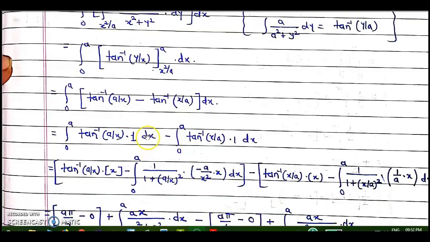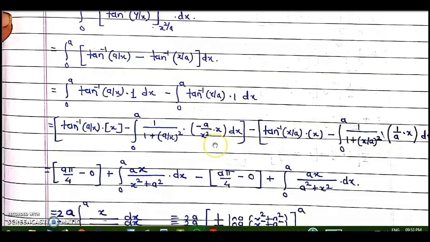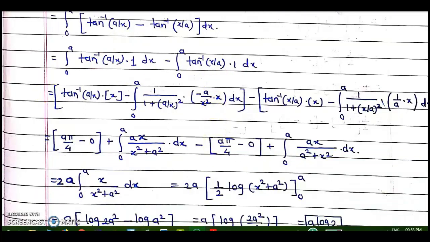Okay, now this is to be integrated. Now tan inverse of a by x, its integration, we are taking u into v, tan inverse into 1. Similarly, the second integral is separated, tan inverse into 1. So here the u into v rule is used. Tan inverse is taken as u. So the uv rule says first as it is, integral of second, that is x, minus integral derivative of first.